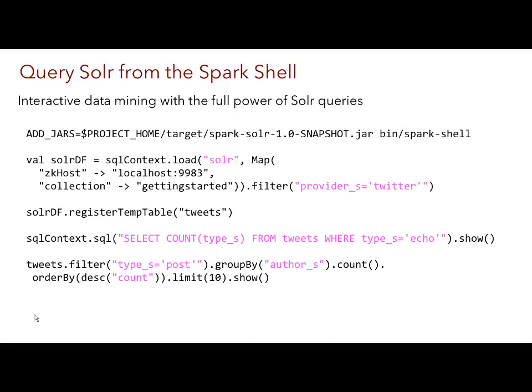And being a data source essentially means a couple things. On the read side, it means implementing interfaces that are defined by Spark for doing table scans, a thing that's quite natural in the HBase world, as well as doing scans with filters, right? And in my example here, I'm doing a filter where provider_s equals Twitter. Well, that in Solr turns into a filter query on the query that backs this Solr RDD.